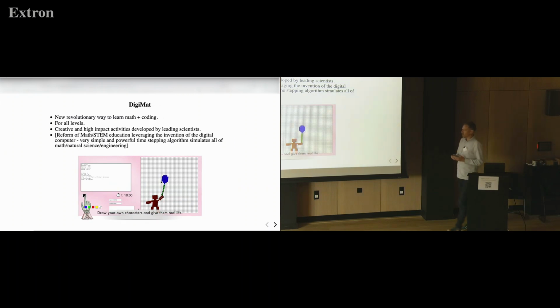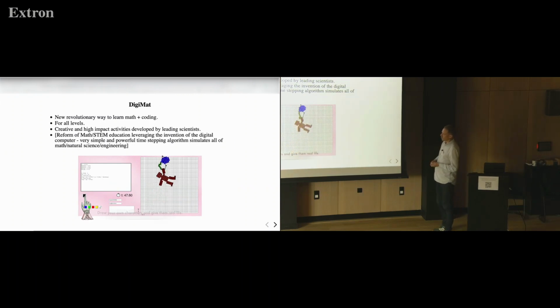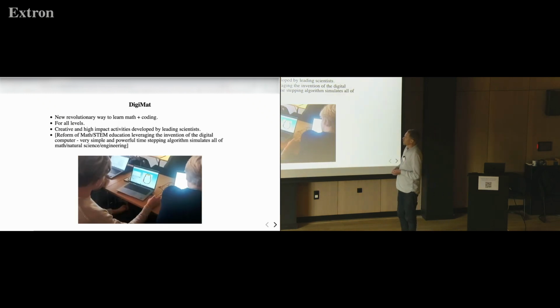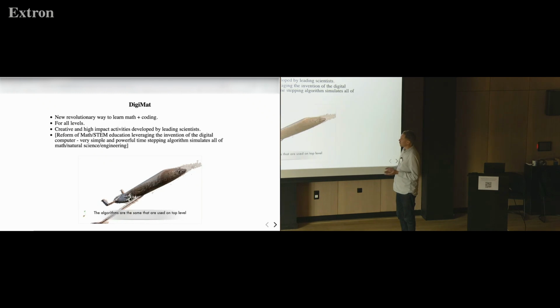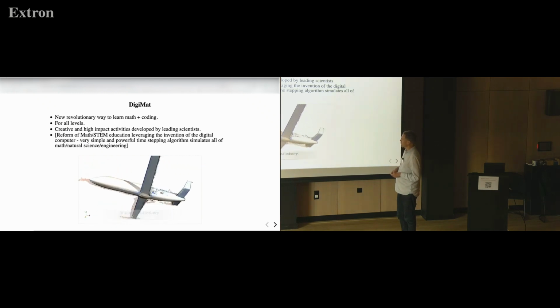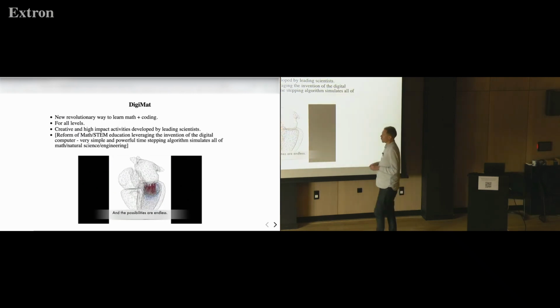So based on what I've described, you play with simulations. We present the DigiMat pedagogical or educational program. It's a new revolutionary way to learn math plus coding, in principle for all levels.